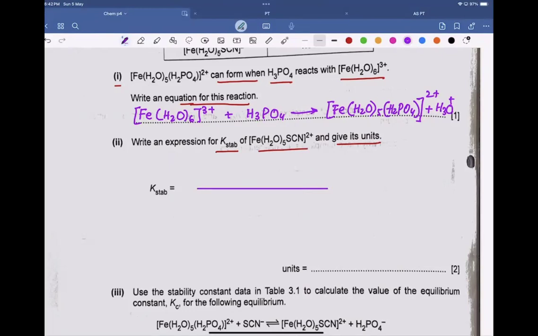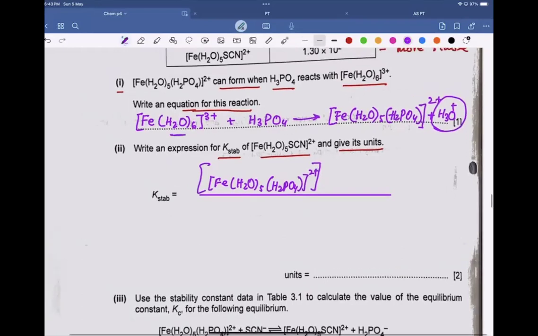Okay. So in the numerator we have the product. So the product is [Fe(H2O)5(H2PO4)]2+, and I will enclose it in square brackets for the concentration. And see, it's the water ligand which is released from here and which accepts the hydrogen ion. And I have told you, in the K stability expression, we don't write that water. So that's why I'm going to skip this one as well.